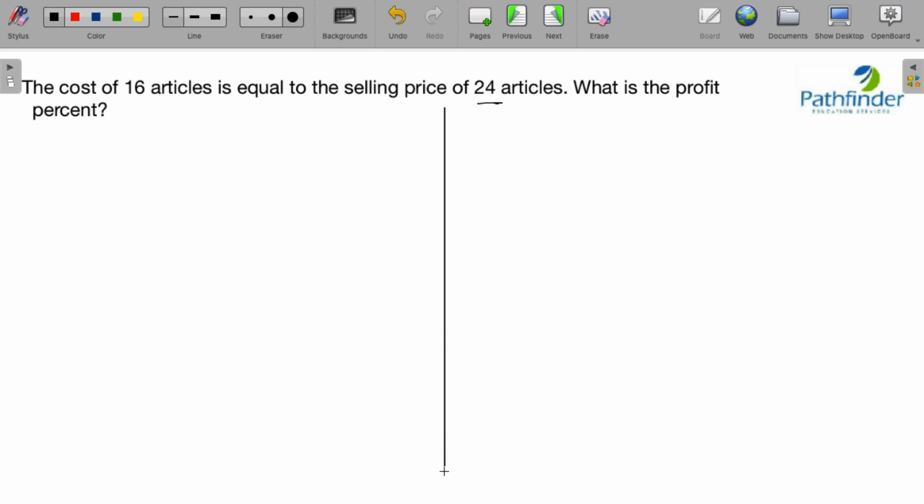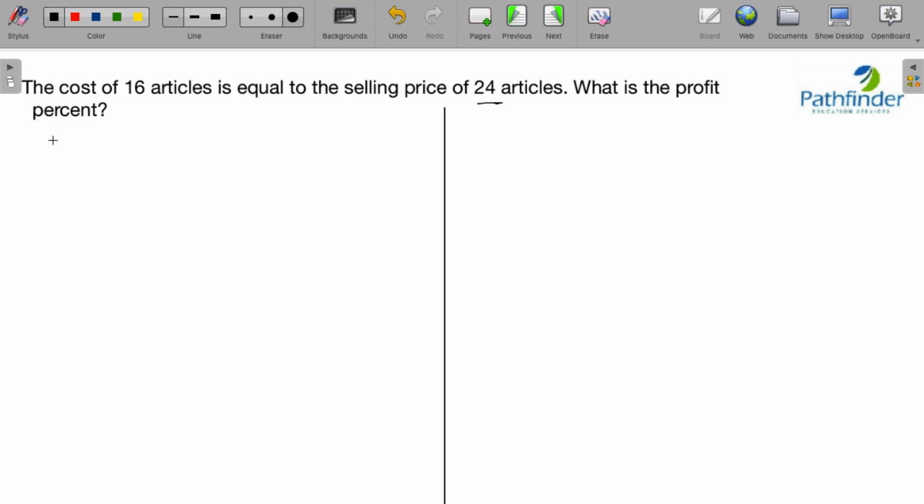Now, in order to solve this question, we are told that the cost of 16 articles is equal to selling price of 24 articles. So let us take some random number as the cost of 16 articles.